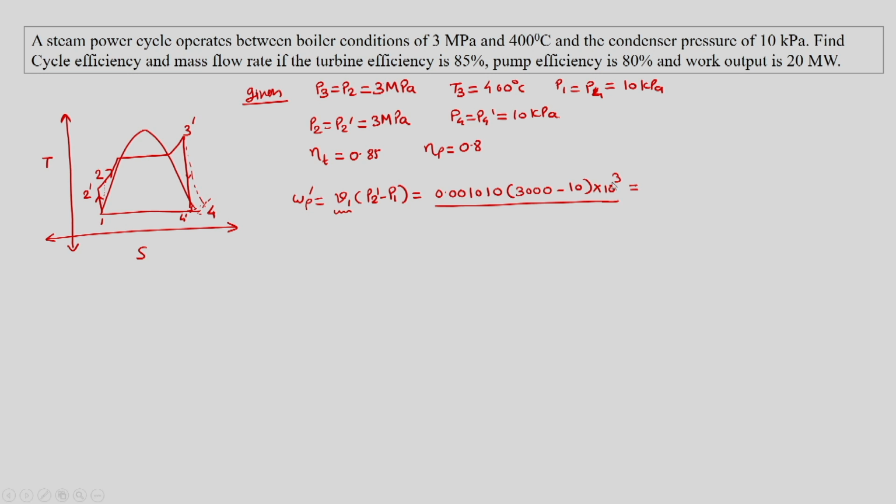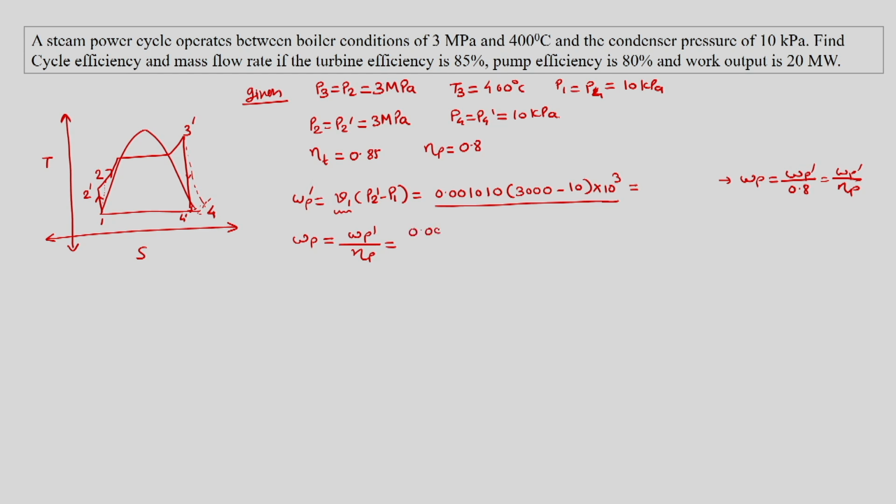But now we want the pump work in the real sense. For that we can make use of the fact that WP, which is the real pump work, is equal to WP' divided by the pump efficiency, which is 0.8.